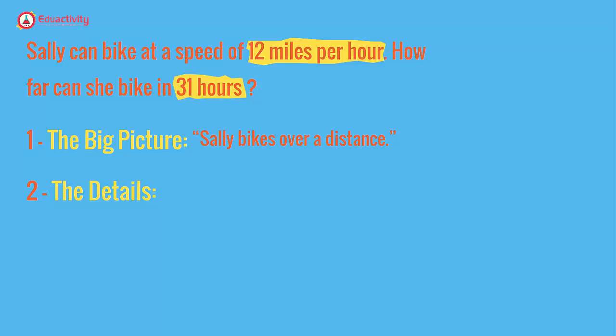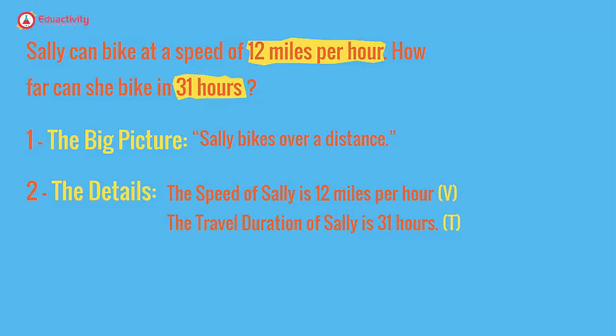We start by going over every given detail and defining its purpose. For example, the details of this problem can be specified as follows. The speed of Sally is 12 miles per hour, and the travel duration of Sally is 31 hours.